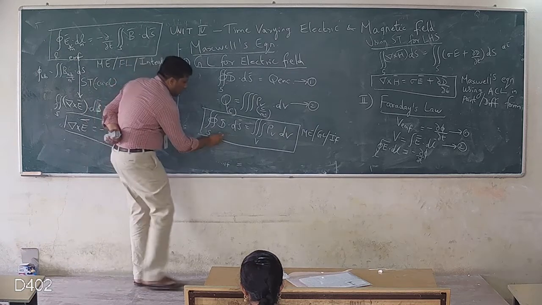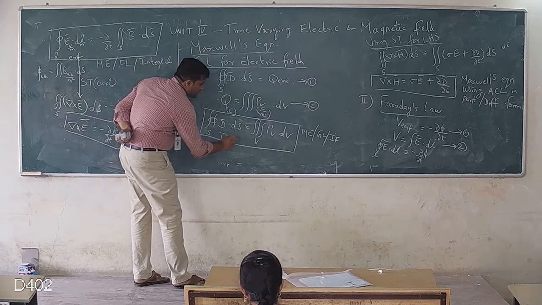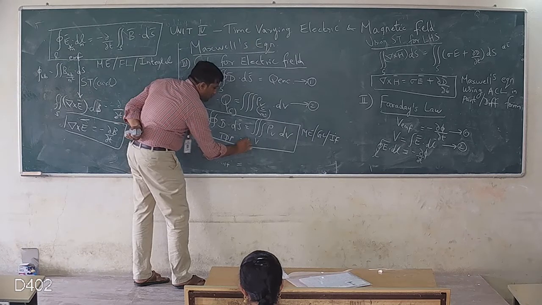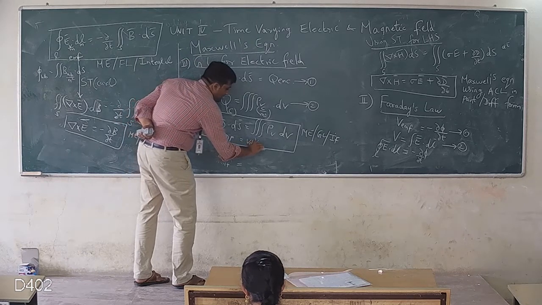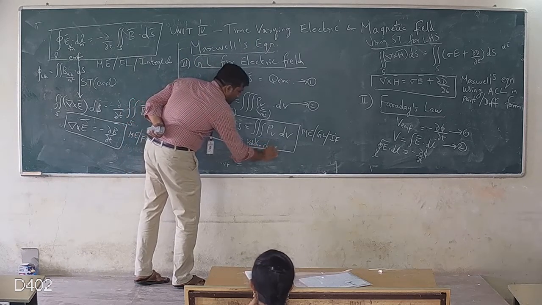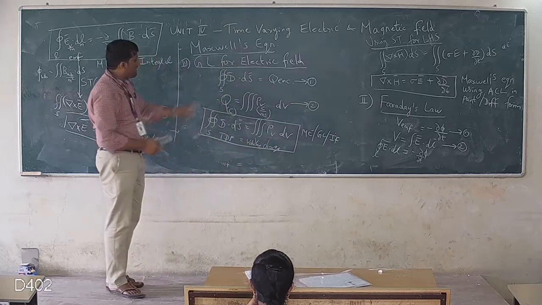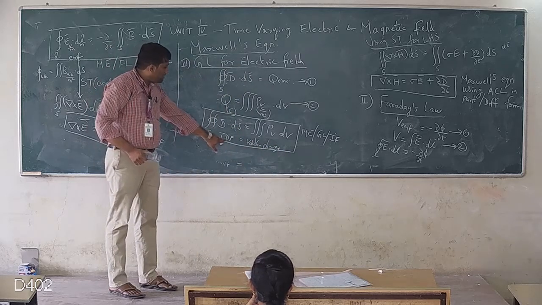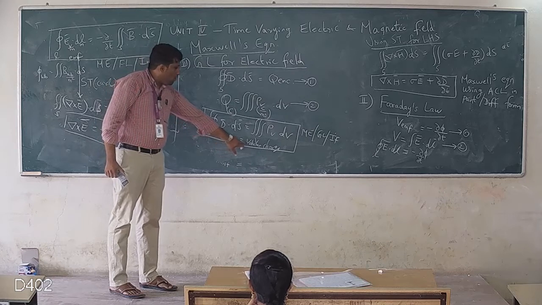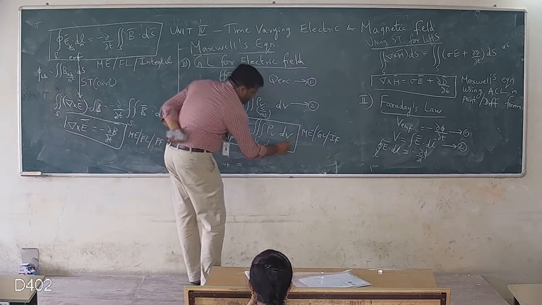So therefore the total displacement flux is equal to the volume charge density. So Maxwell's third law states that total displacement flux is equal to volume charge.